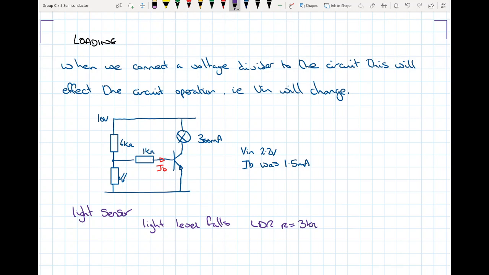So we measure that out of circuit, and then we built our light sensor, and we wanted to test it. Just purely looking at it as a potential divider, we're going to have 3 over 3 plus 6k times our 10 volts. So our light sensor at that particular light level is going to give us 3.3 volts out.